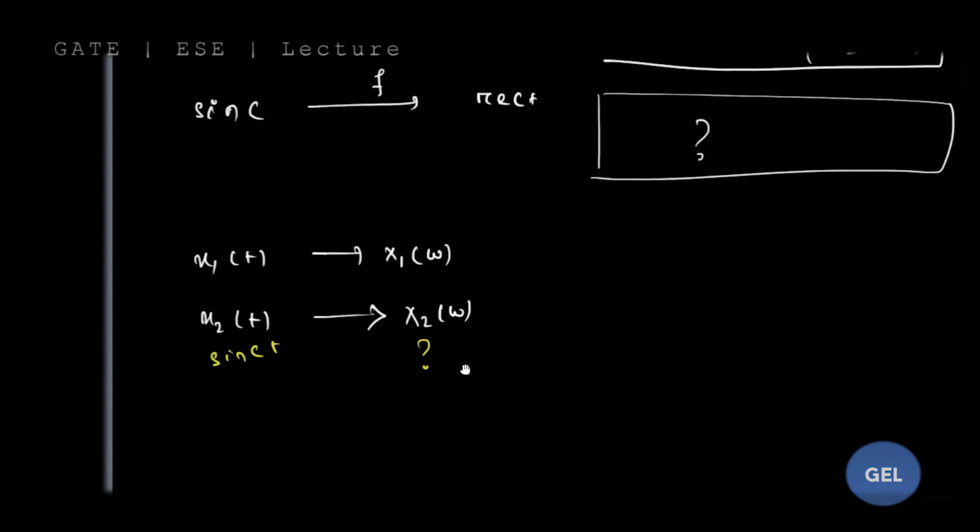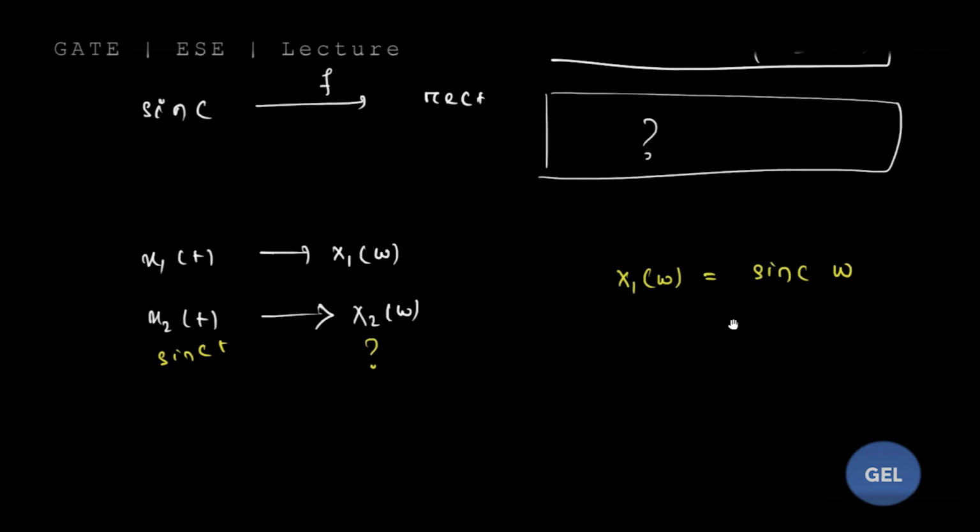It is given, you need to find this one. So x1 of omega is nothing but sinc omega. If you have sinc omega as your x1 of omega, what will the subsequent x1 of t be?